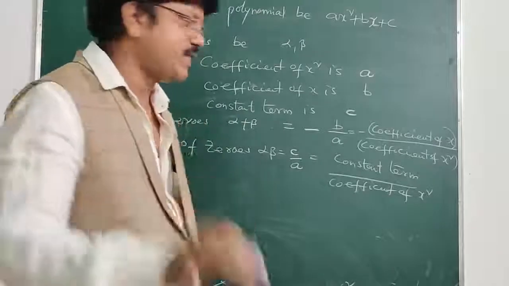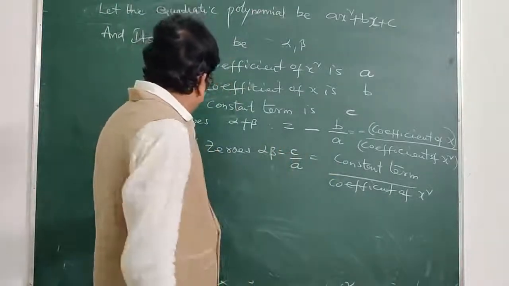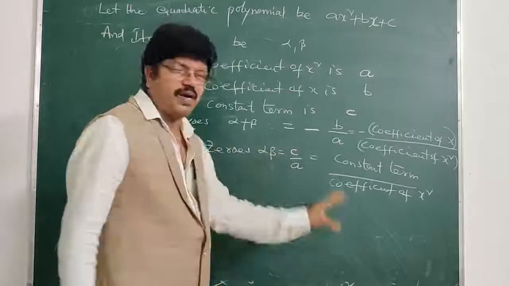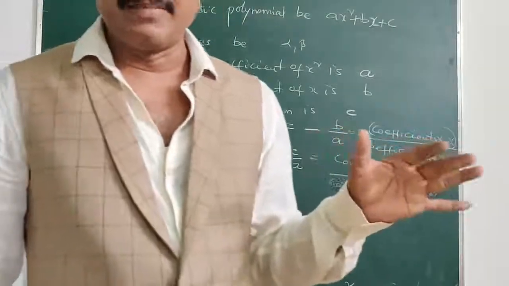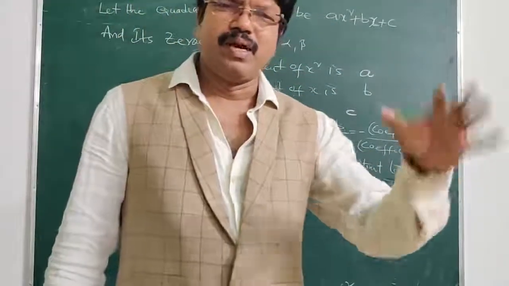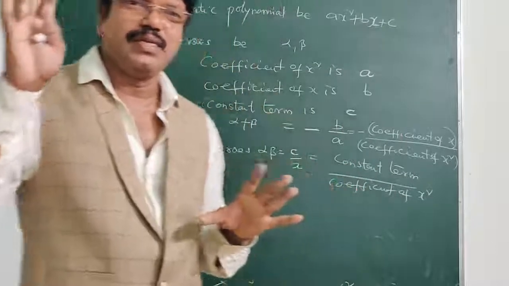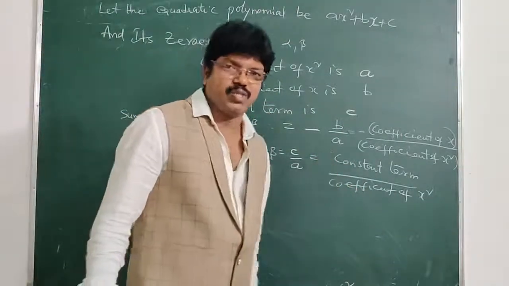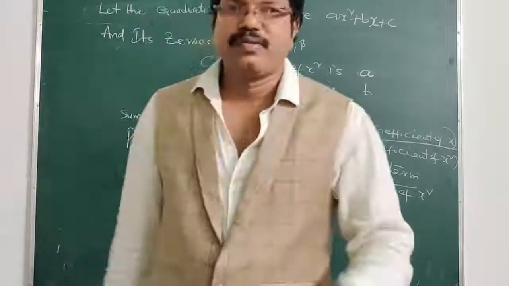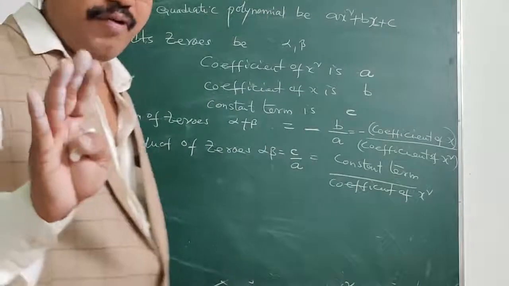Of course, not always writing this; once you remember, product of zeros alpha beta is c by a, and sum of zeros alpha plus beta is minus b by a. You must identify what a, b, c are. So copy down very clearly. Did you get clarity? Have you understood?